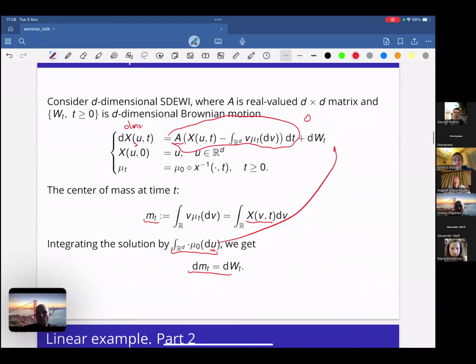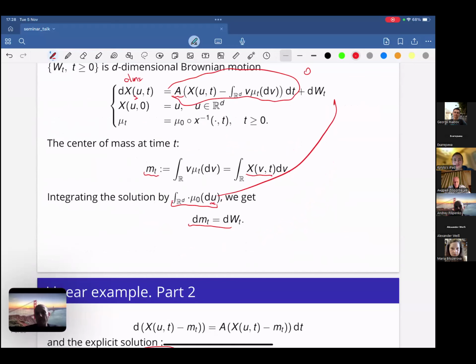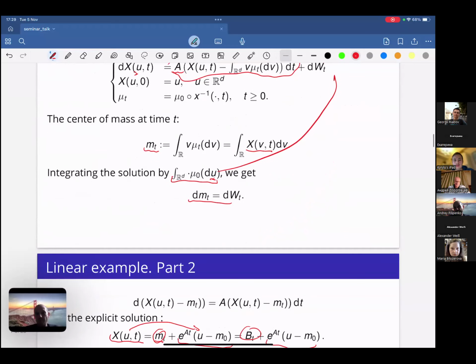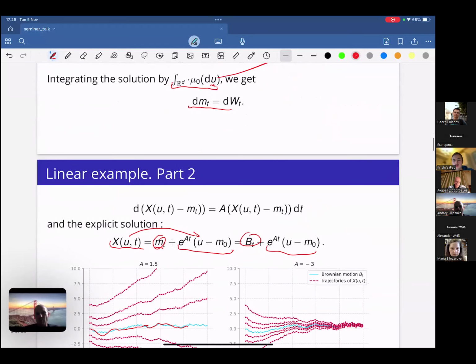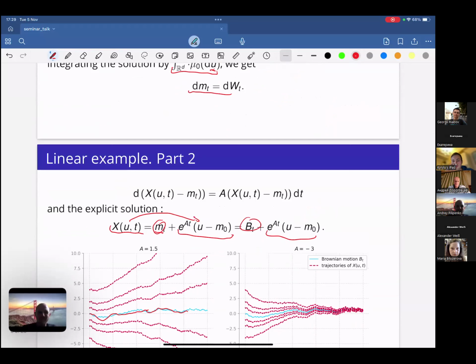If all eigenvalues of A are negative, then probably x_u(t) converges to m(t) almost surely. And maybe if you subtract, your integrals will get 0 in the limit, I don't know. Of course.